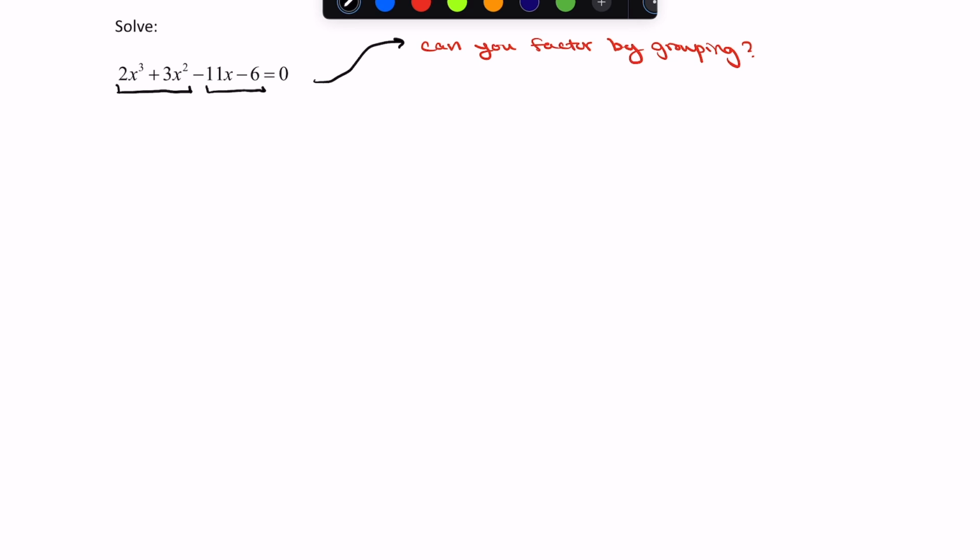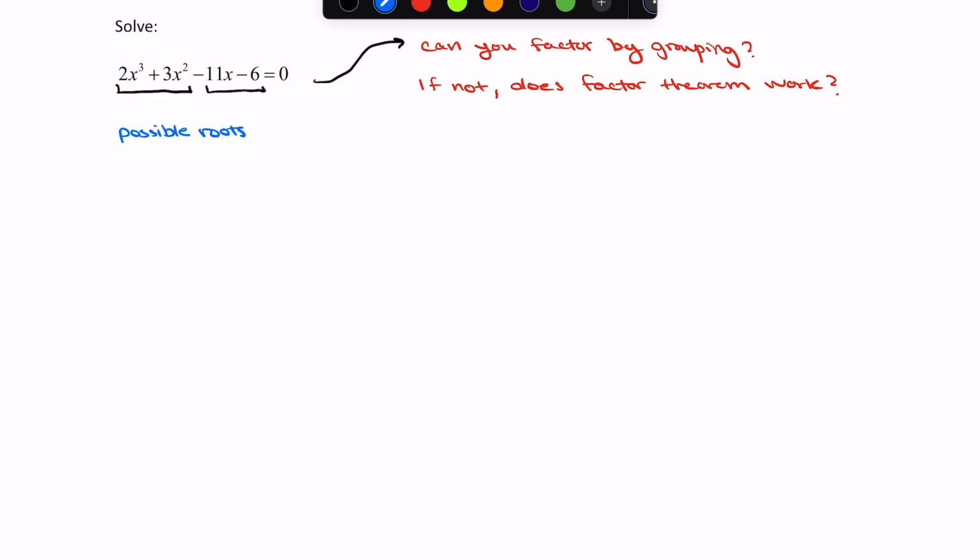So if not, does the factor theorem work? Yep. So we have to look at all our different factors or our possible roots. So write that down here, possible roots.